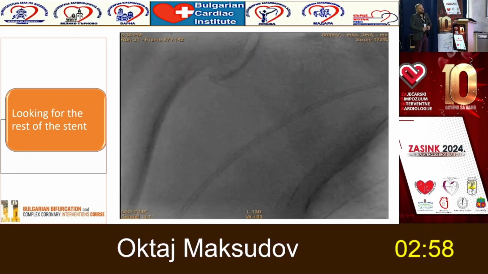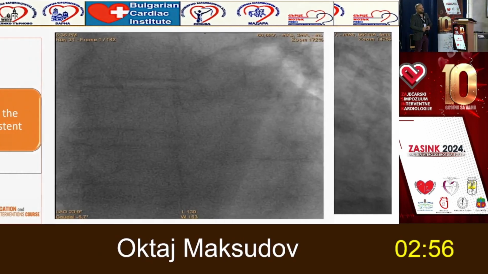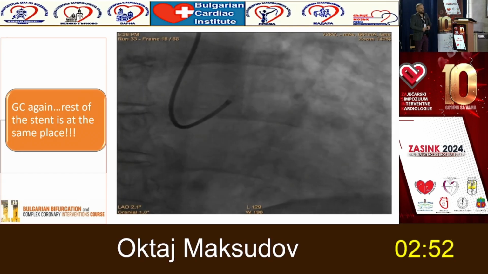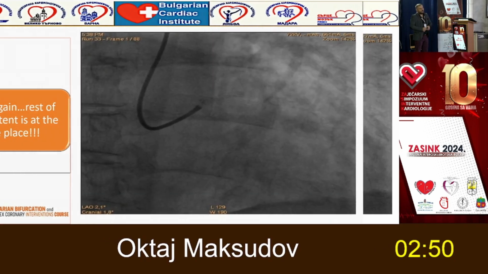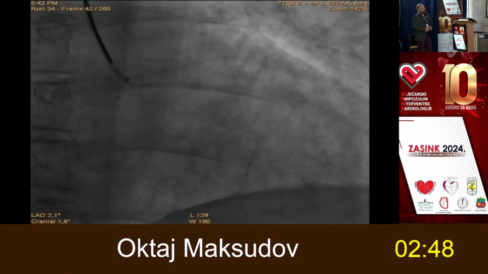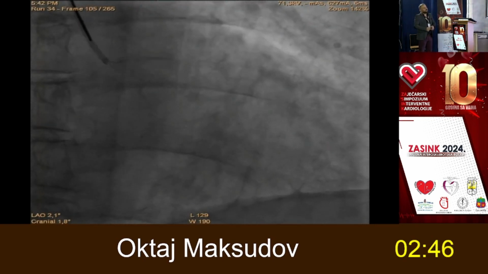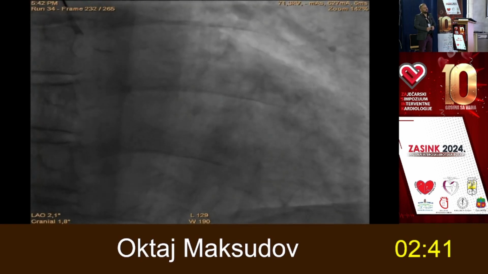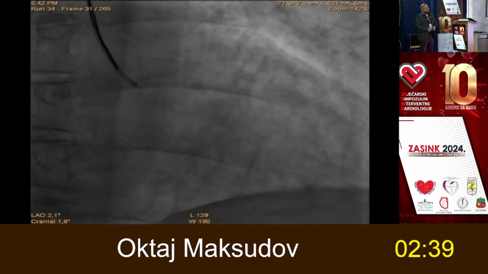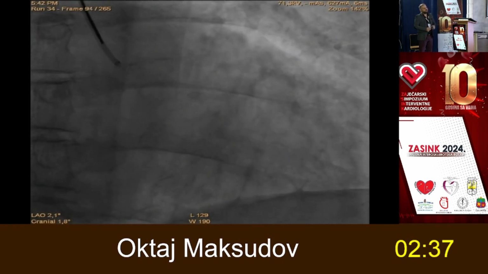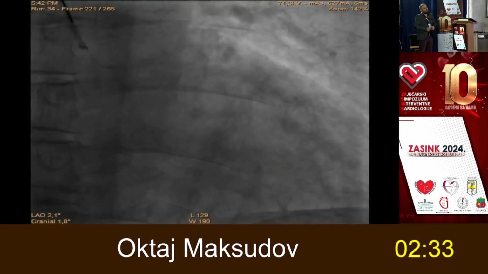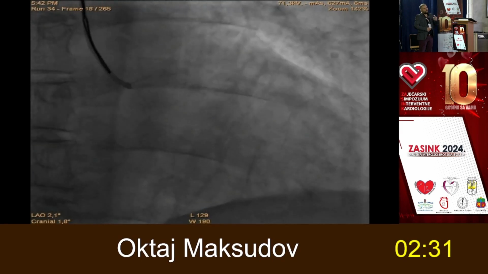We looked into the guiding, it wasn't there, and of course it was still at the same place. So again, the same procedure from the beginning, and look very carefully how we pull the stent away from the circ, but also took away the stent from the LAD.